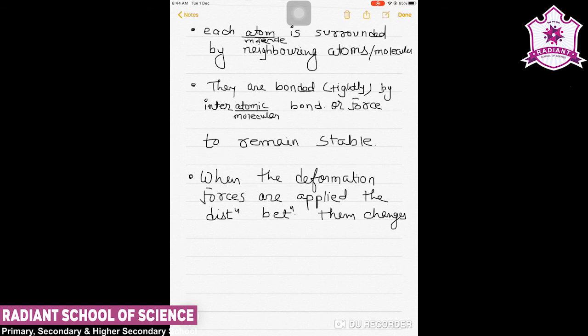Now when the deformation force is removed, the interatomic forces tend to drive them back to the original position.